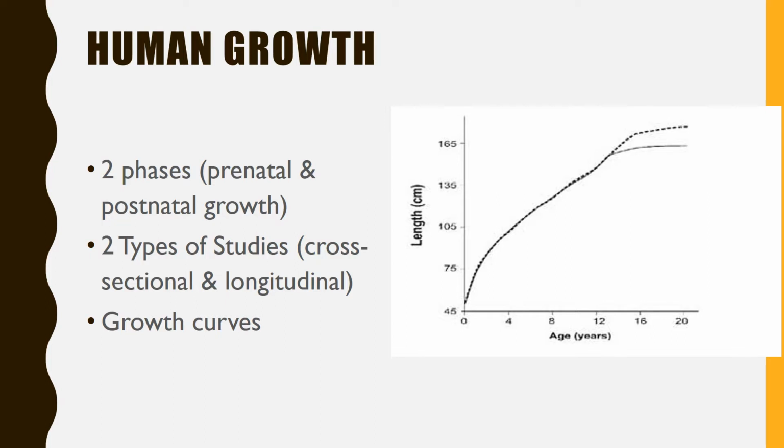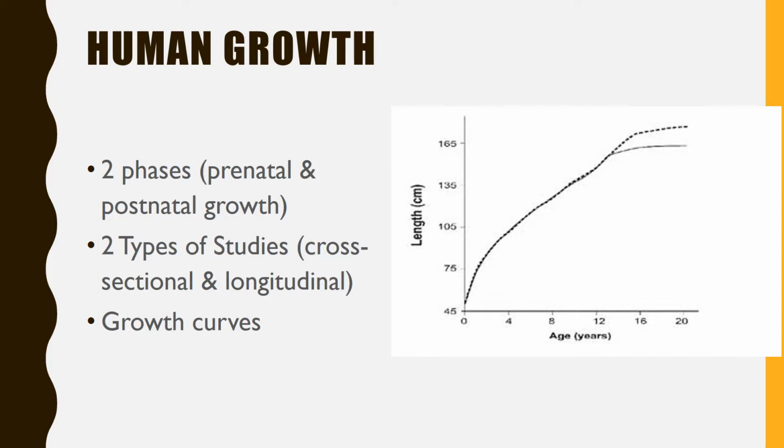Another approach is a longitudinal study, and this is where comparisons of the same individuals at different points in their lives are assessed. This means that the researcher is tracking the same individual over as much of their postnatal growth as possible by returning to measure them year after year.